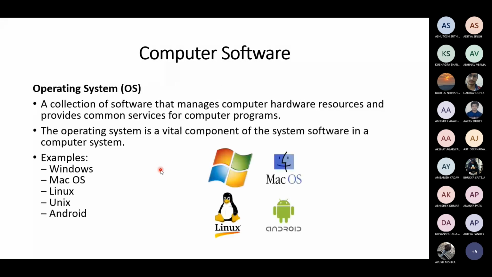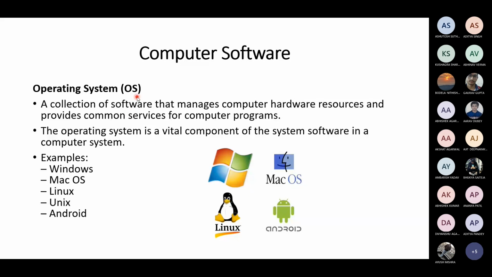An operating system is a manager. First of all, it's software. It's a collection of software that manages the computer hardware. You have hardware and you have a human, but you will not be able to control the hardware as we want. There needs to be software inside to manage the computer hardware resources and provide common services for computer programs, which is what the operating system actually is.